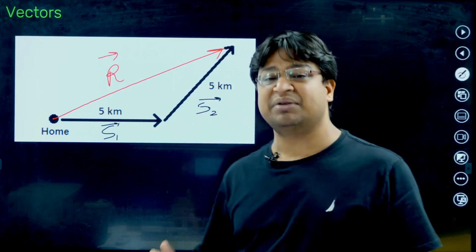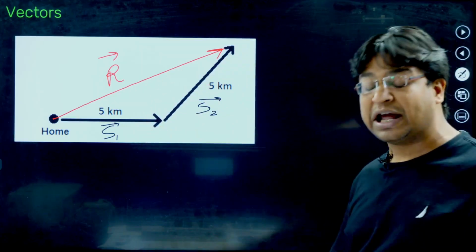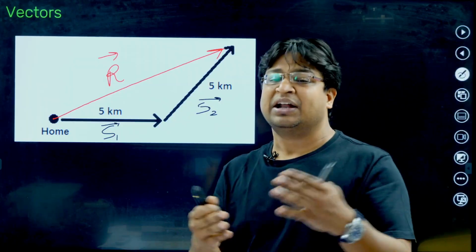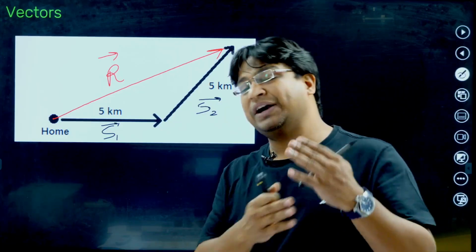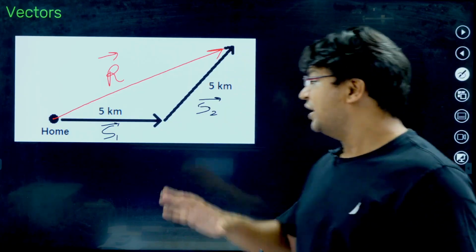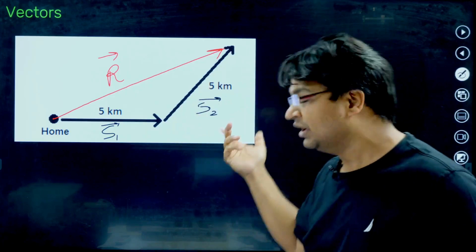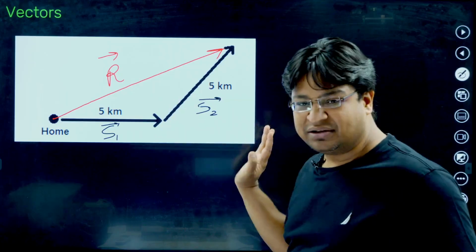If we arrange them in a manner such that the tail of one vector lies on the head of another vector, like head and tail, like the male and the female points of a socket, so one tail will occupy one head. So you have to arrange the vectors in a manner such that the tail of any one vector lies on the head of the other. Okay, so this pair is made.